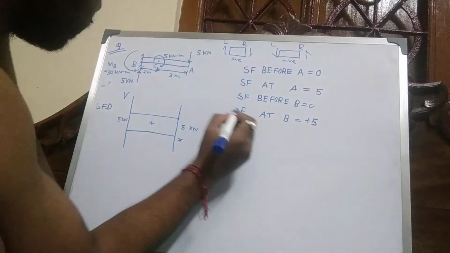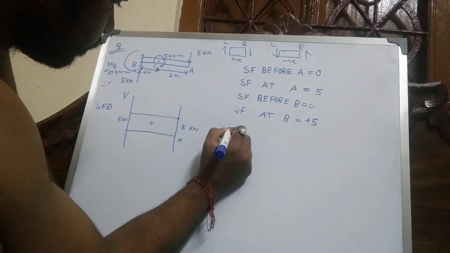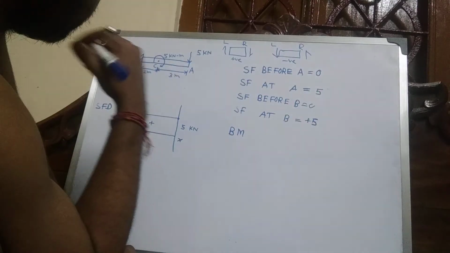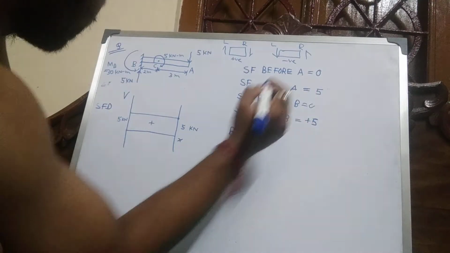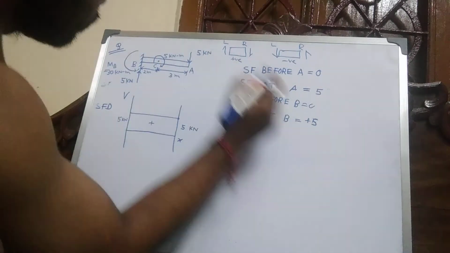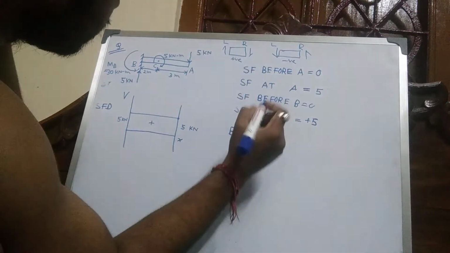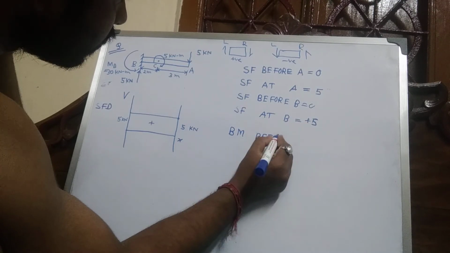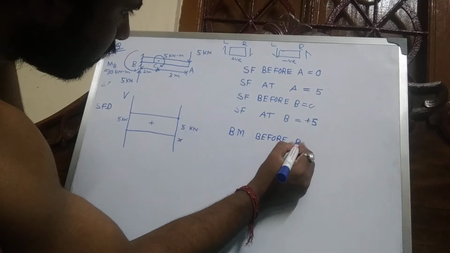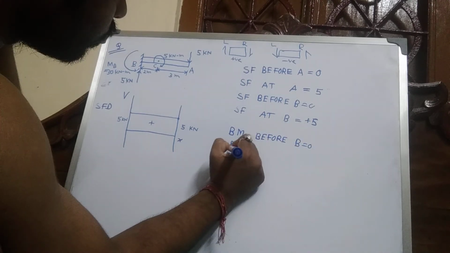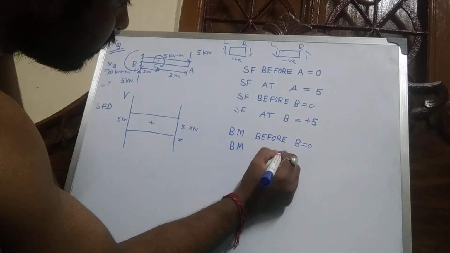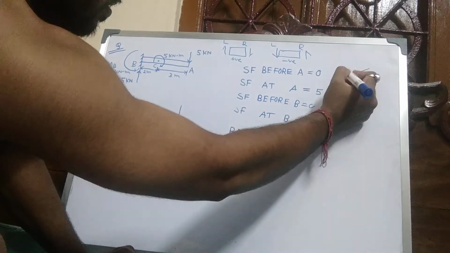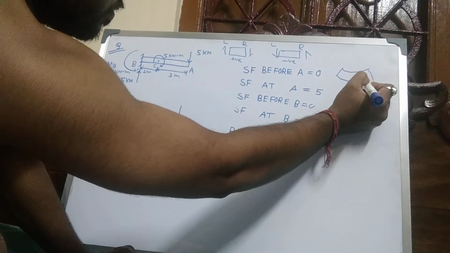Now bending moment diagram. Bending moments, here is one moment, so calculate bending moment twice. Bending moment before B is 0, bending moment at B. Now sign convention.